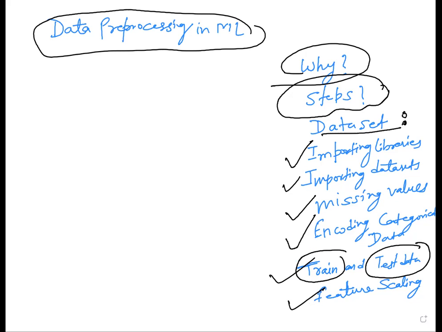Okay, so before that, we need to know what is data pre-processing in machine learning. So data pre-processing is a process of preparing the raw data and making it suitable for a machine learning model.